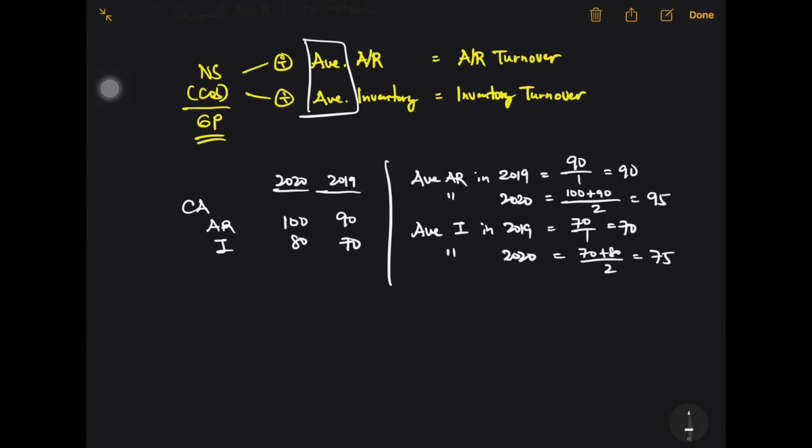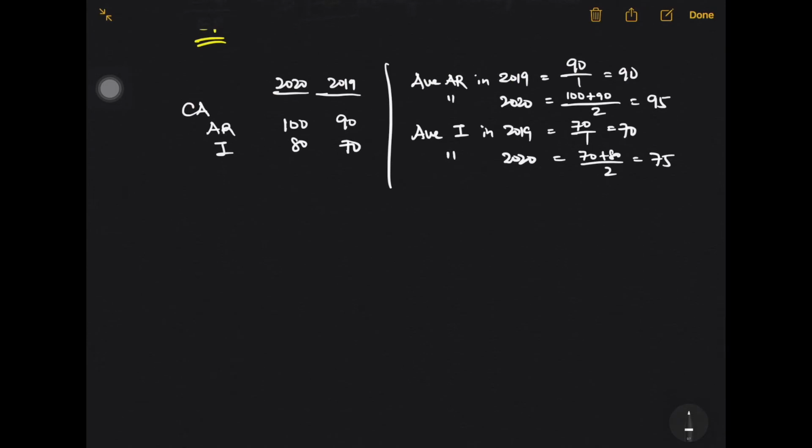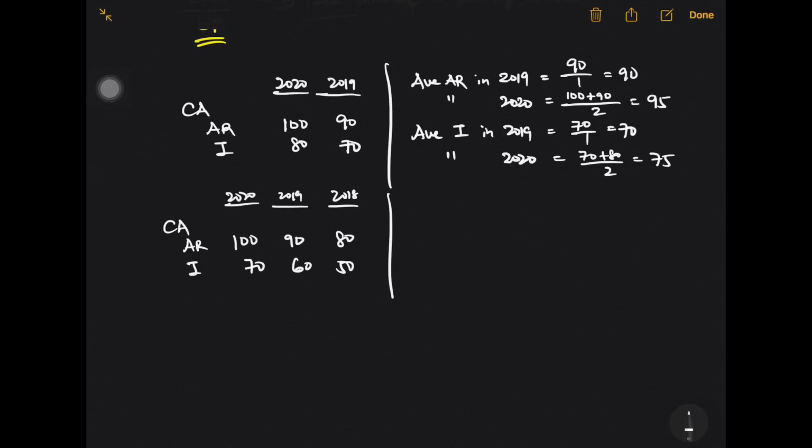What if we are given 3 years? Let me just explain that as well. So AR again, inventory, 2020, 2019, and then 2018. Assume some figures here. So what is the average AR in 2018, 2019, 2020?